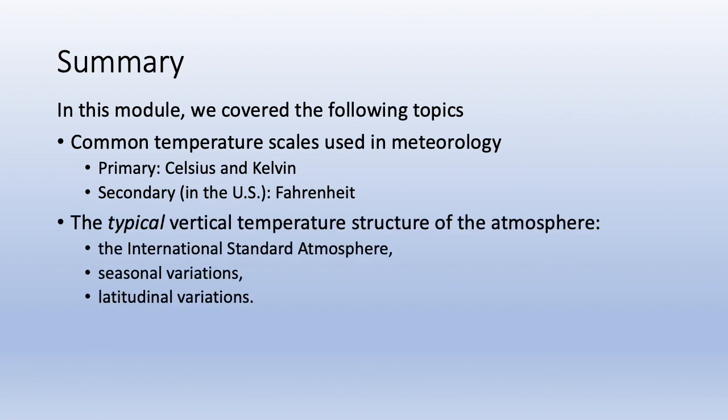We talked about the typical vertical temperature structure of the atmosphere, starting with the International Standard Atmosphere, which is just an idealization that is used to give a rough model for what things typically look like. And we followed that with a brief discussion of seasonal variations and latitudinal variations in the temperature profile.